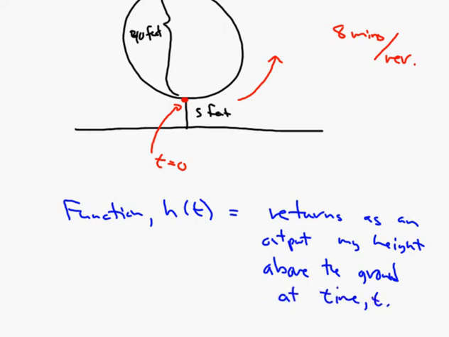That's what I want this function to do. So I want a function where if I say I've been riding this thing for 6 minutes, how far am I above the ground? I've been riding it for 5 minutes, how far am I above the ground? That's the goal here. Okay?